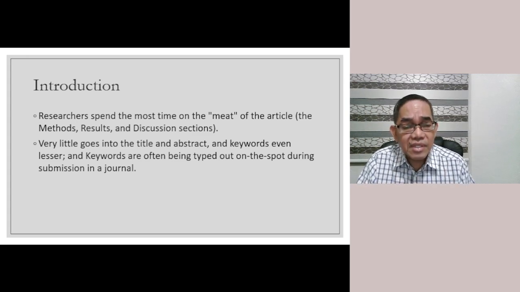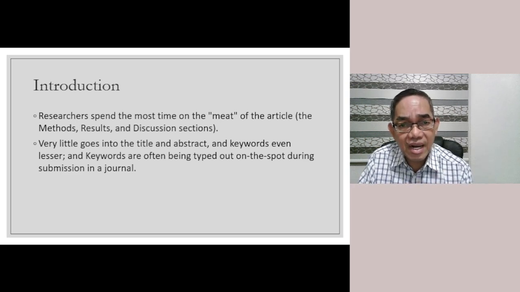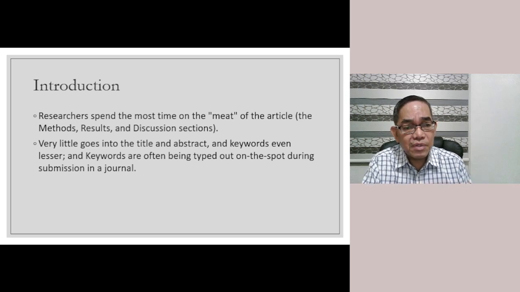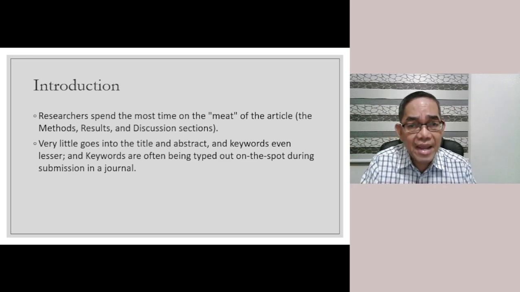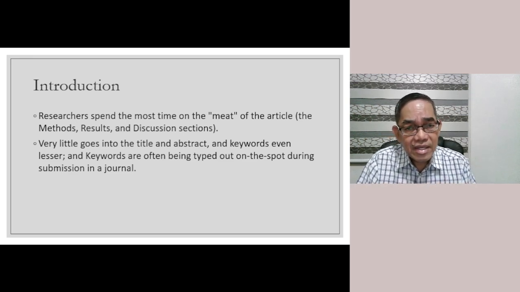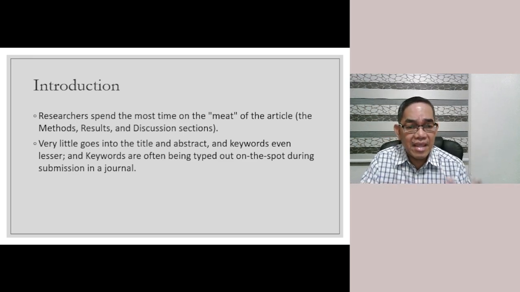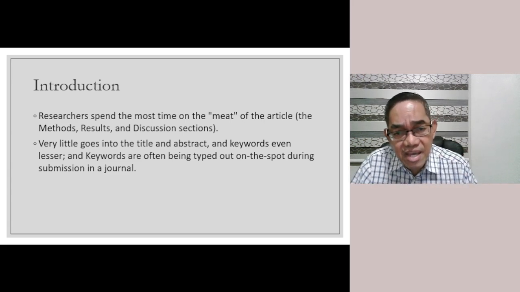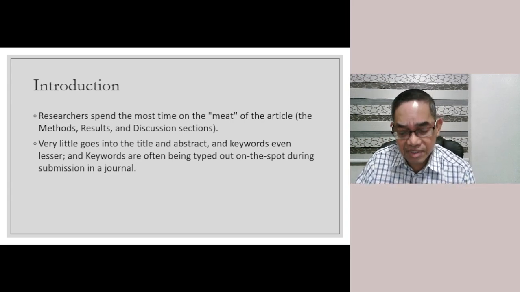Keywords are often typed out on the spot during submission to a journal. If you are asked to submit your paper to a journal and you need to write keywords as well, people will just very quickly write the keywords on the spot without really thinking about what should be written.